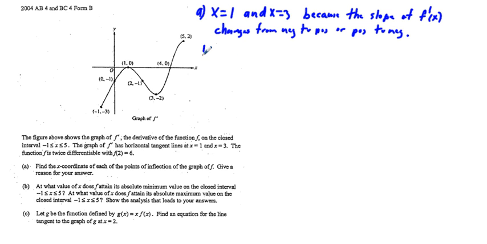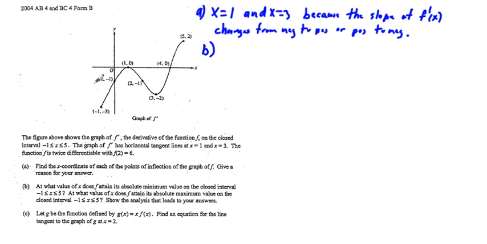Now we get to part B. At what value of x does f attain its absolute minimum value on the closed interval? At what value of x does f attain an absolute maximum value on the closed interval from -1 to 5? Show the analysis that leads to your answers.